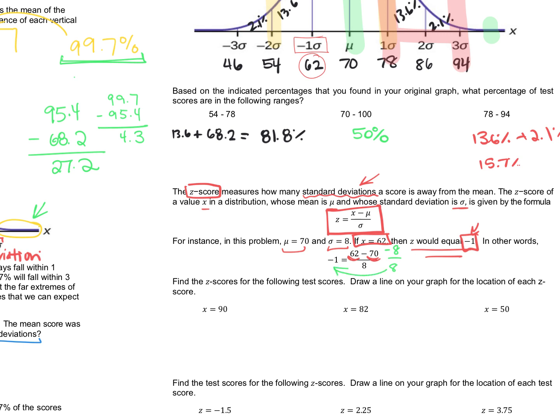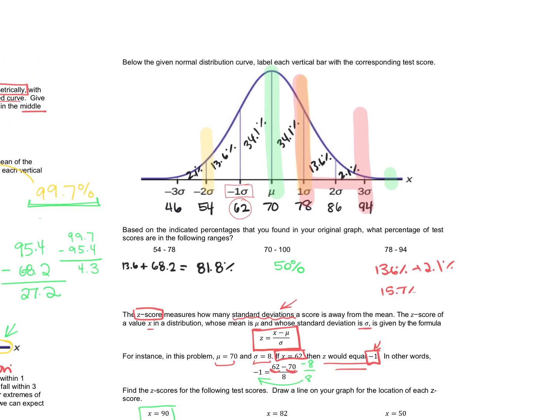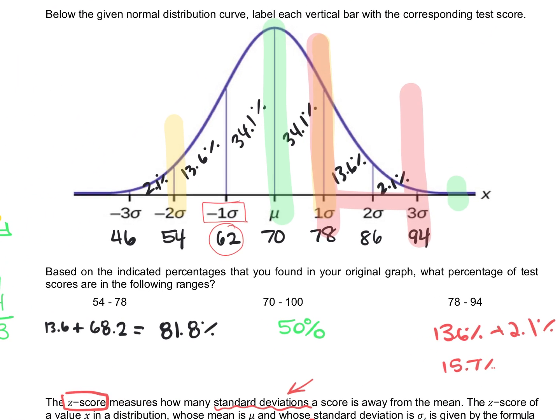So if we're looking at x equals 90, if I look at my picture, and I know it's getting kind of messy here, but if you think about it, 90 is going to be 4 away from 86, and it's 4 away here. So it's actually going to sit right in the middle. So just looking at it, I know it's between 2 and 3 standard deviations, and actually right in the middle, so I bet it will be 2.5.